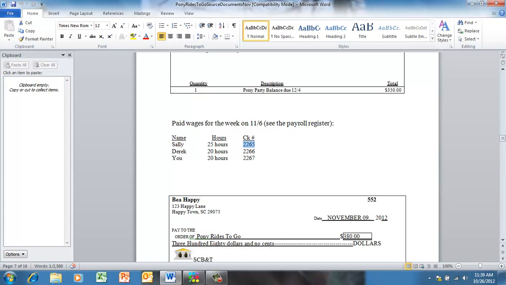Finally, whenever you have a payroll journal entry, you have two payroll journal entries that will both be dated November 6th. The first one comes from those totals, just like I just finished telling you, of the payroll register. On the bottom part of the payroll register is calculated the matching of the FICA, the Social Security and the Medicare, and the calculation of the FUTA and the SUTA, and totals that all up into one number.